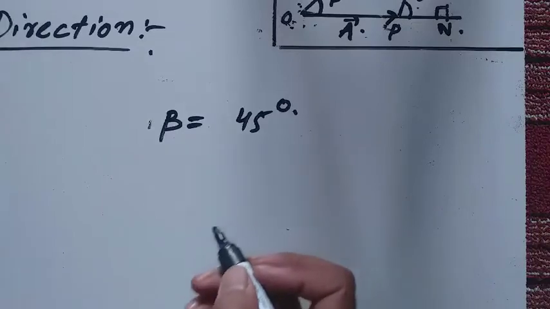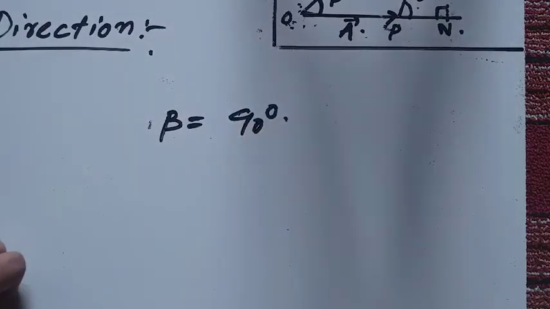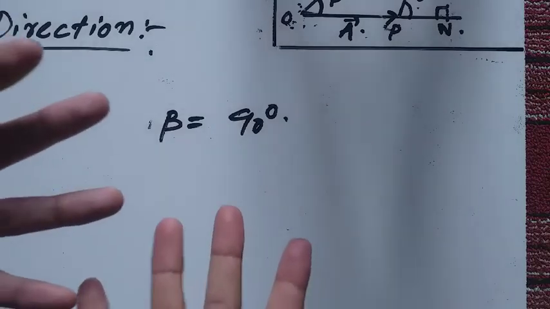What does this mean? Or you get 90 degree for this beta. What does this mean? How does this 90 degree give us the direction?